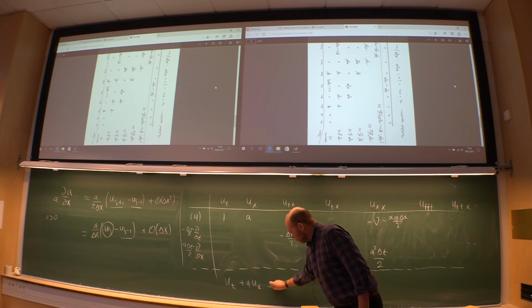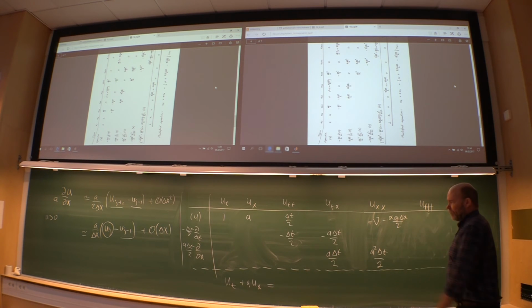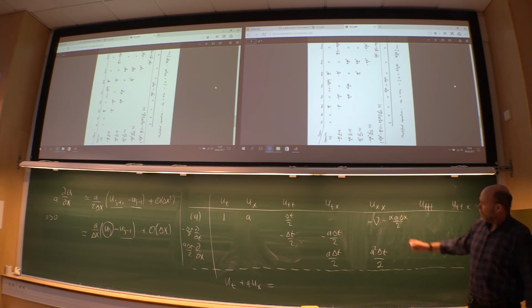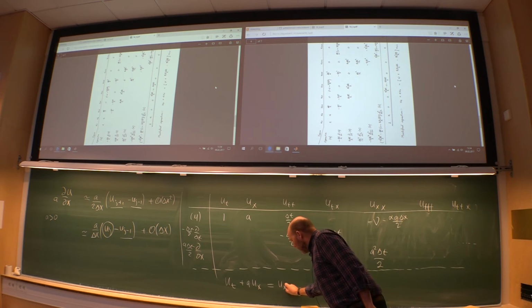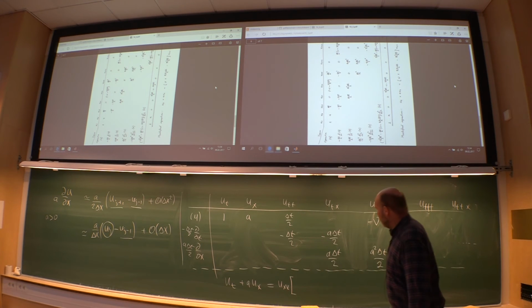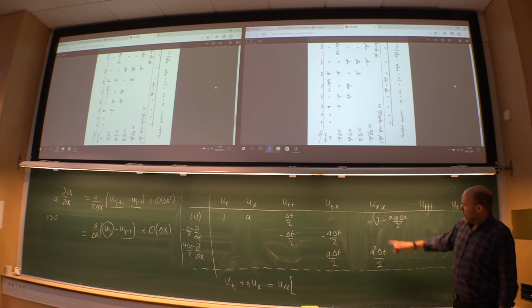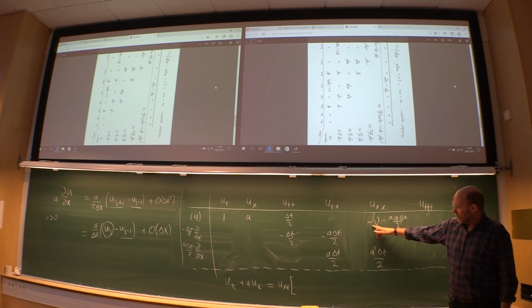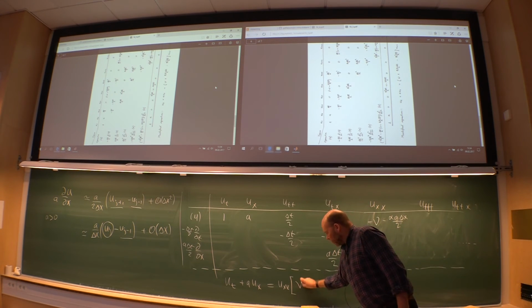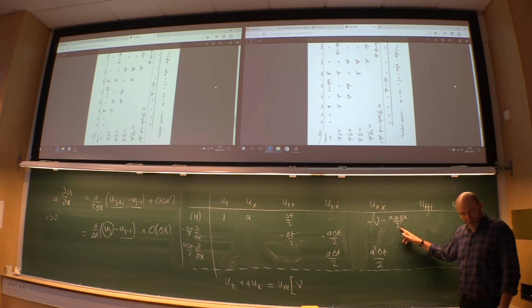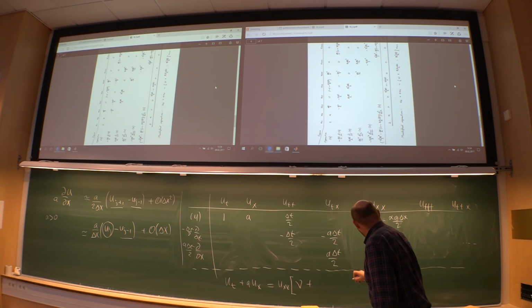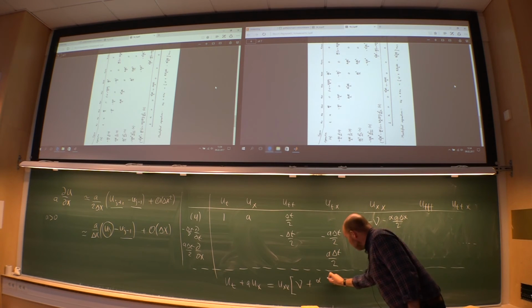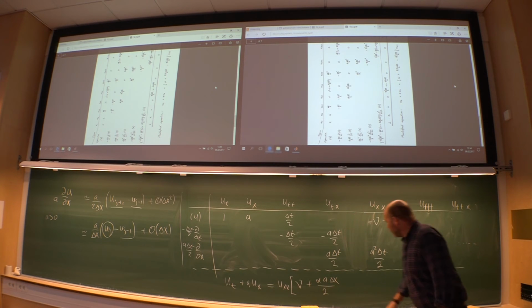No. Throw everything else on the other side directly. We can do that. Because what's interesting now is the double derivative, uxx. What do we have in front of him? Well, we have the viscosity, now positive, because he's on the other side, plus alpha a delta x over 2.